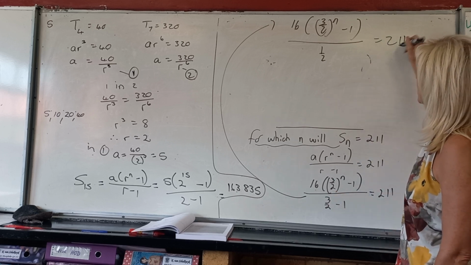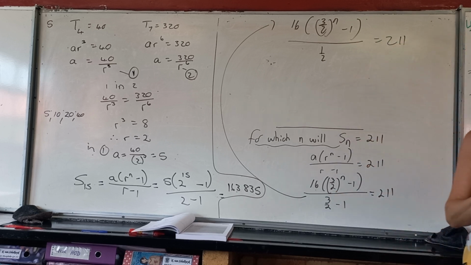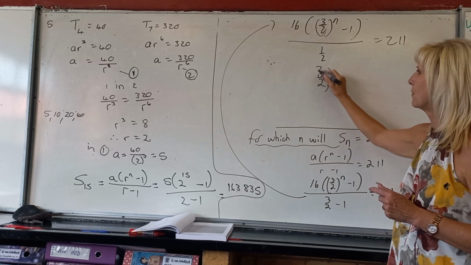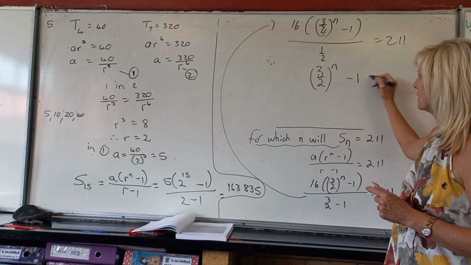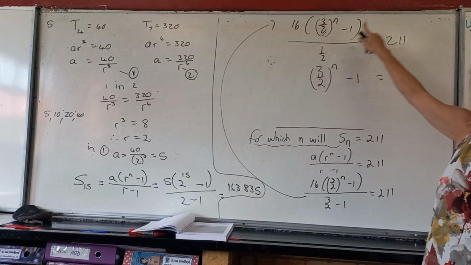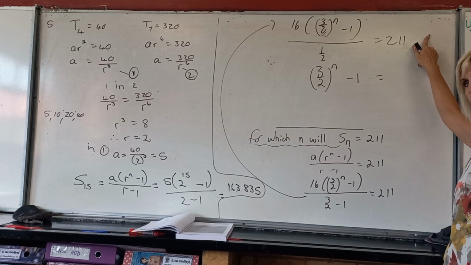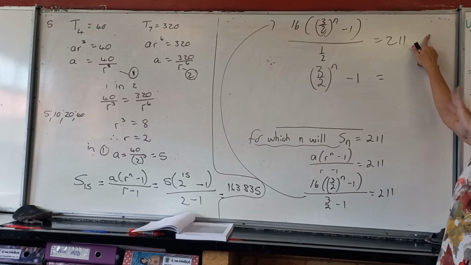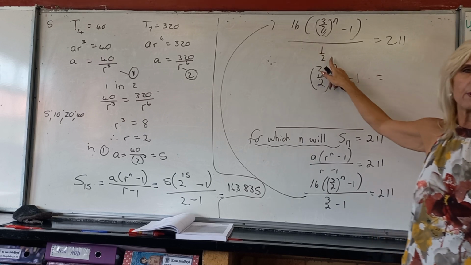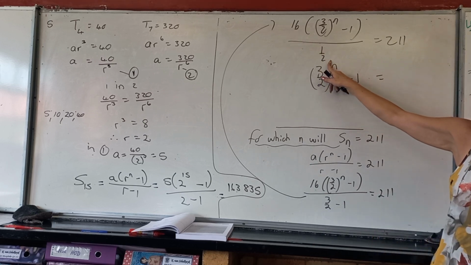Equal to 211. Now there are variations on your next step. I would like to see 3 over 2 to the power n minus 1 equal to what? Now I've got to get rid of that half by either multiplying by a half or multiplying by the inverse of that, but okay, it's fine. I would have also said maybe 16 divided by a half already is 32.